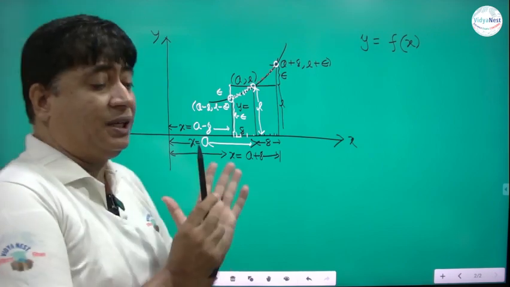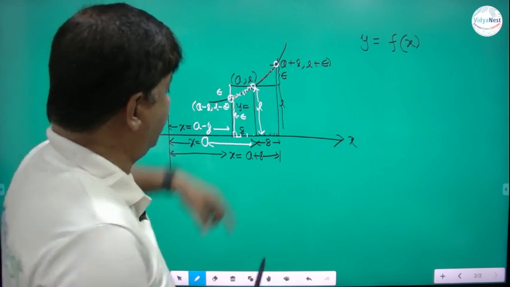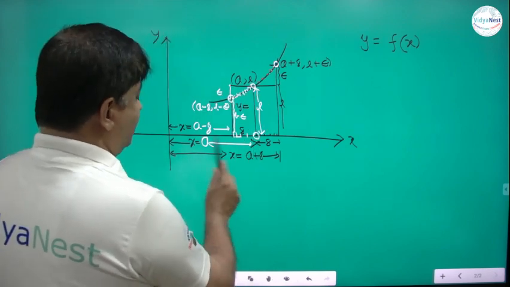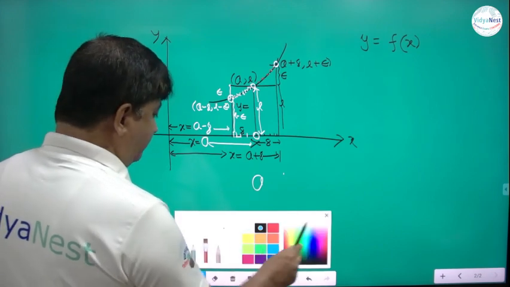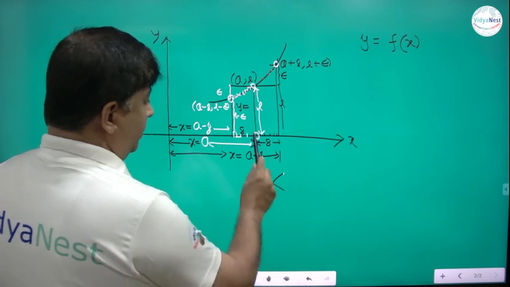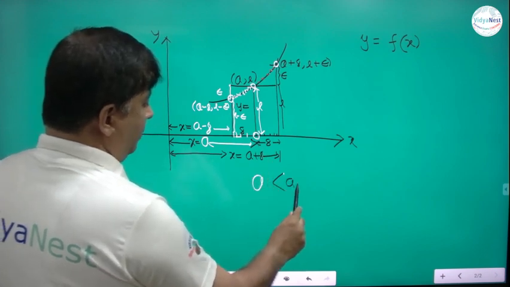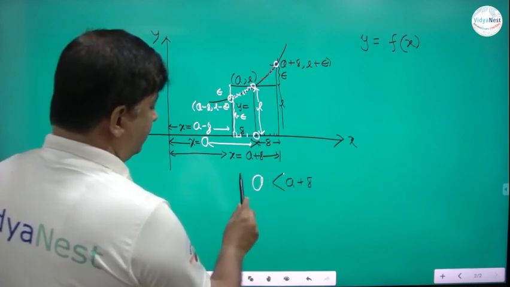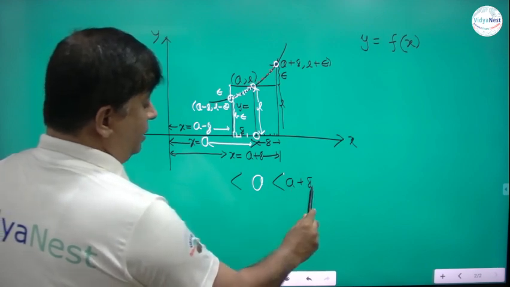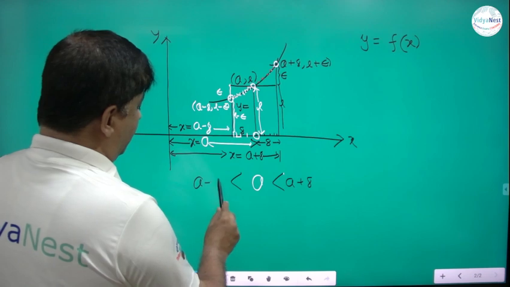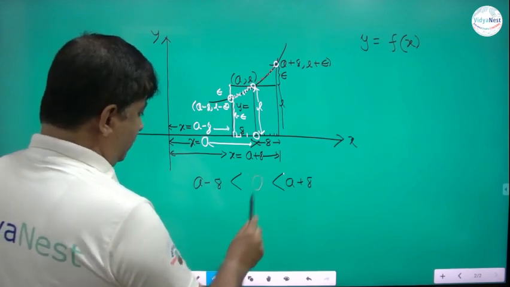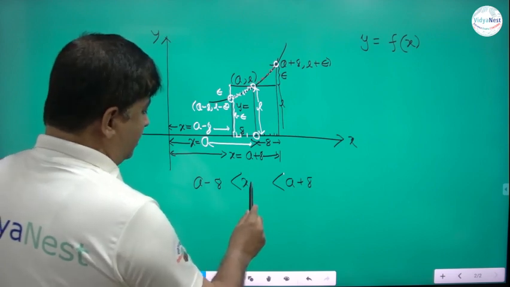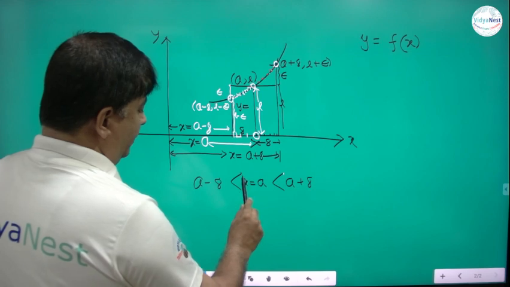So what we have seen from this side means x is equal to a, and a plus delta time. Maximum time was spent, a plus delta. Minimum time is a minus delta. And here x is equal to a. That is the standard time.